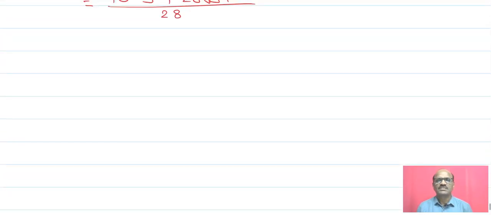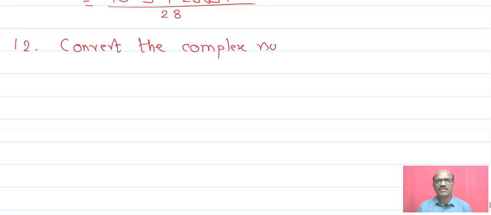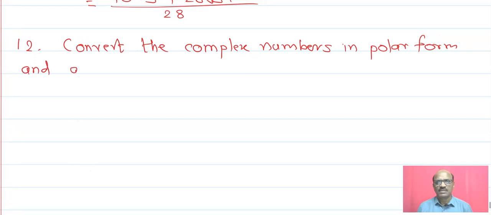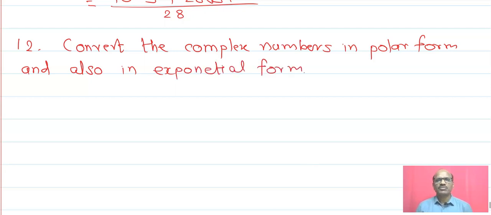Now let us start with question number 12. Convert the following complex number in polar form and also in exponential form.